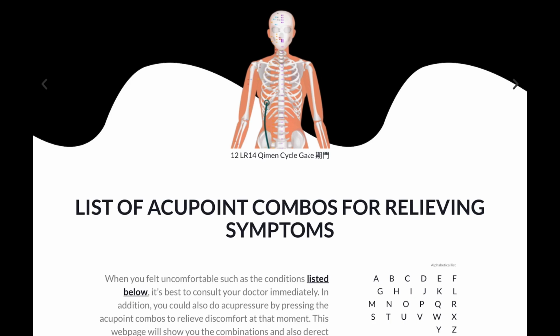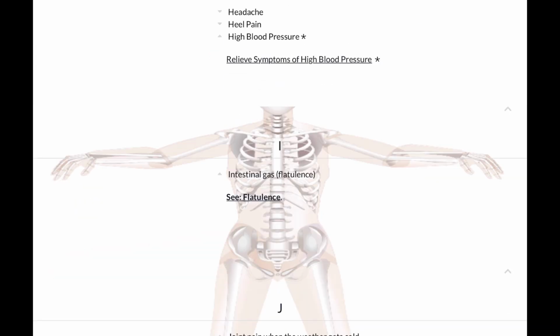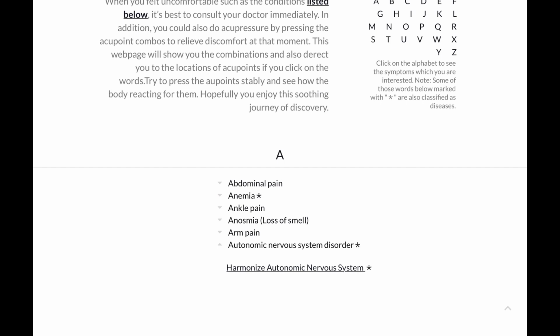For example, high blood pressure, anemia, autonomic nervous system disorders, etc. In traditional Chinese medicine, these are regarded as symptoms of some other diseases, rather than being called diseases themselves. Therefore, when you see the star sign, please note that it refers to several symptoms, not only the name of a disease.